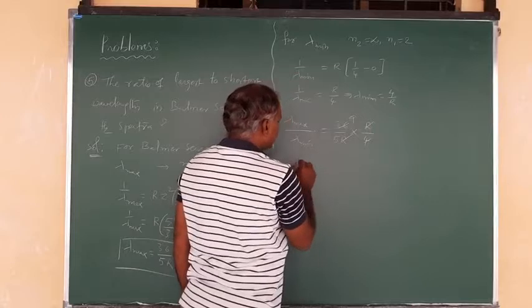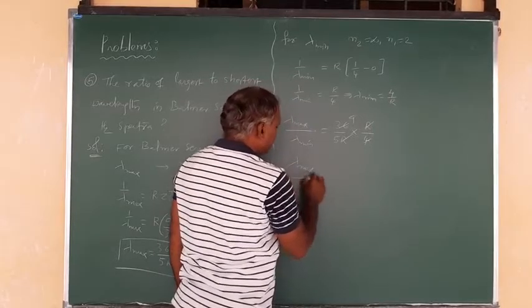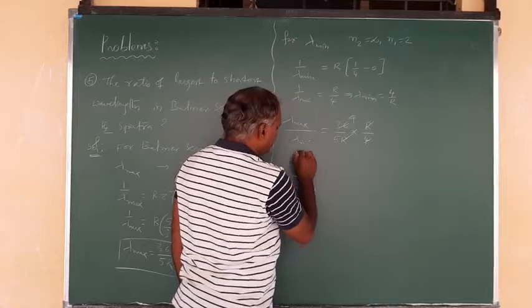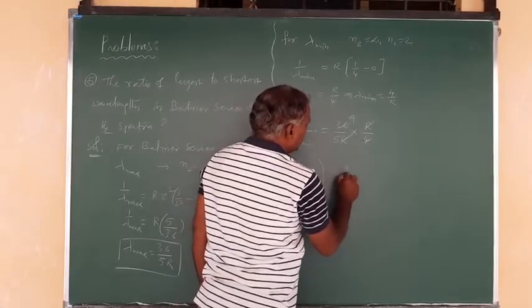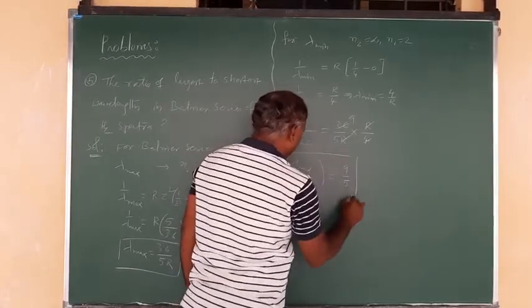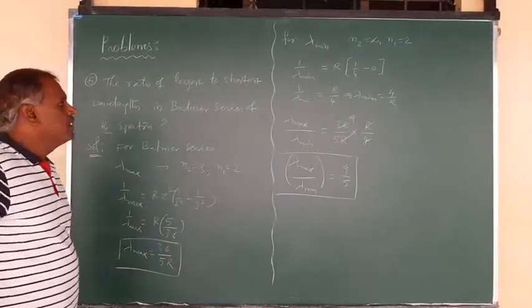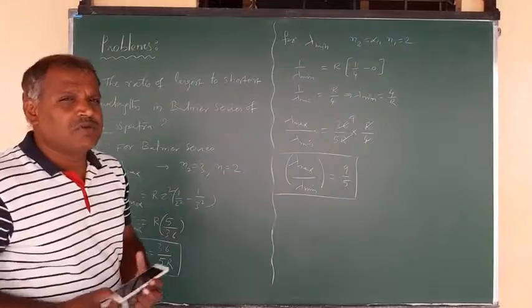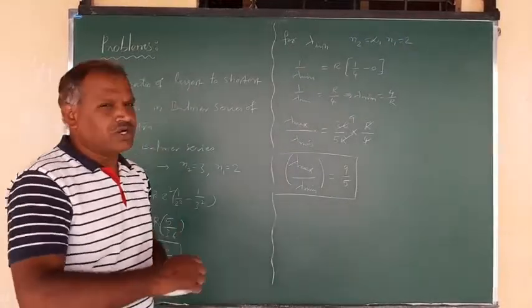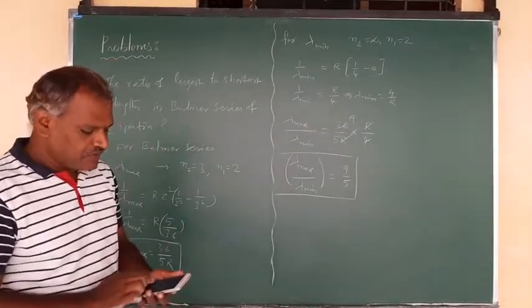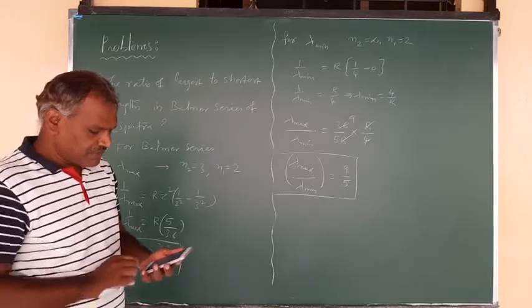So this ratio, lambda max upon lambda minimum, is equal to 9 by 5. This is the ratio of maximum wavelength to minimum wavelength, or largest to shortest wavelength, in the case of the Balmer series.